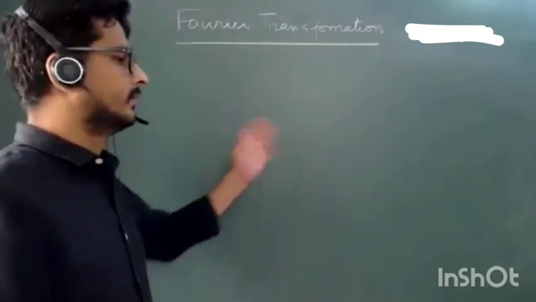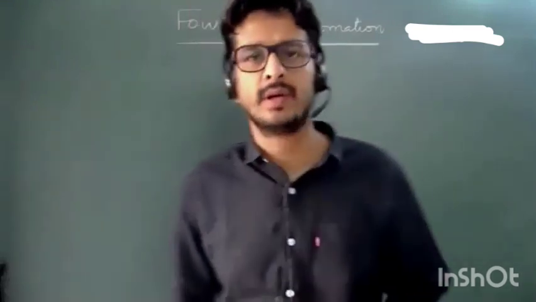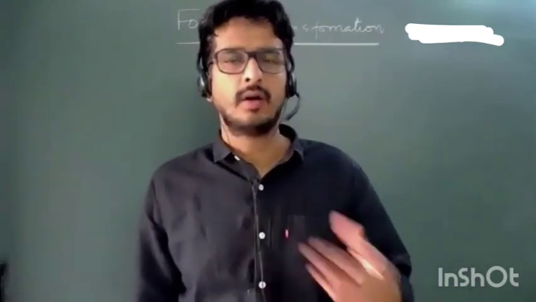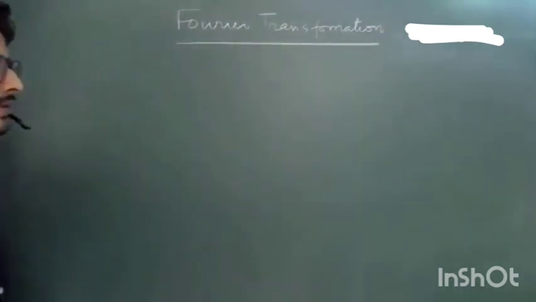Then only we can write the Fourier series for that function. That means then only we can decompose that function into sine and cosine in all of the possible harmonics. But Fourier transformation can be written for non-periodic functions also.